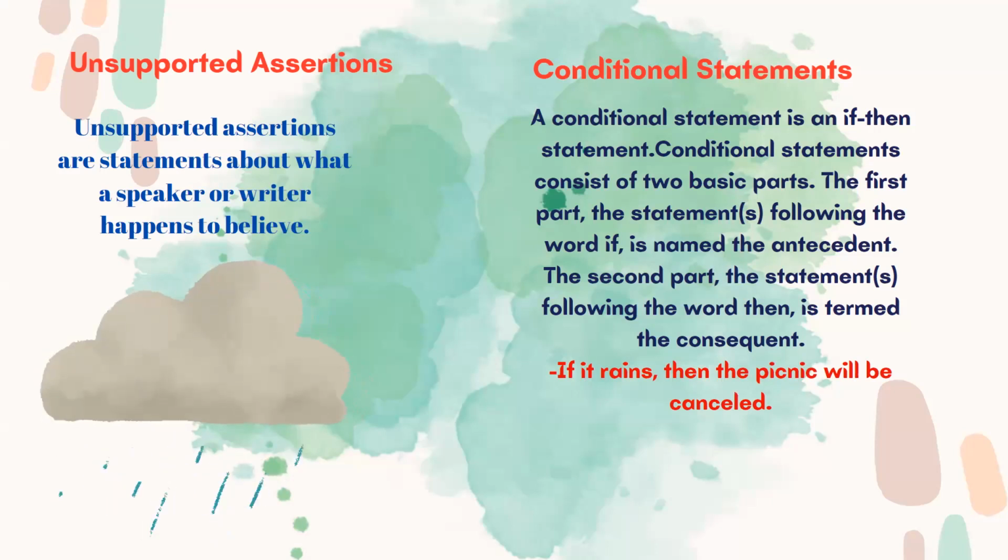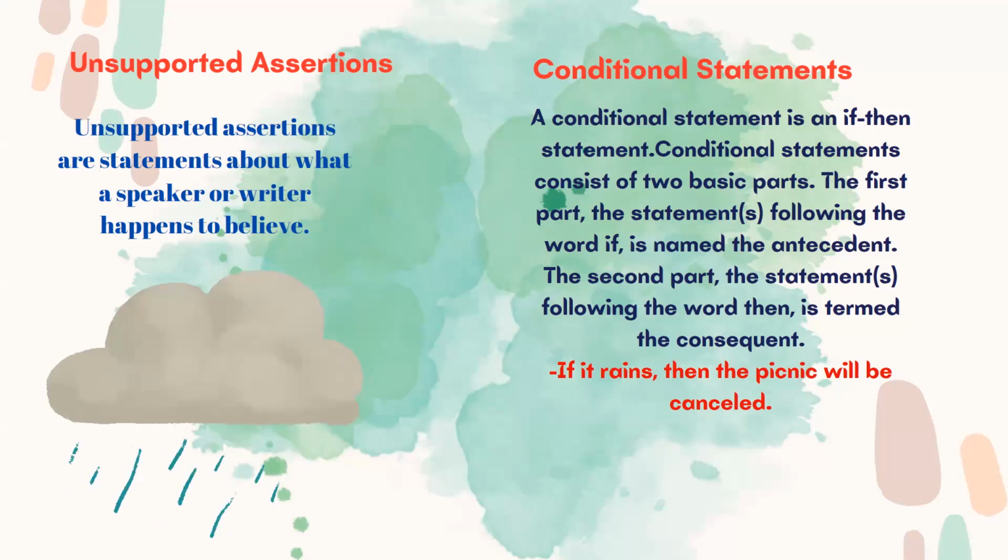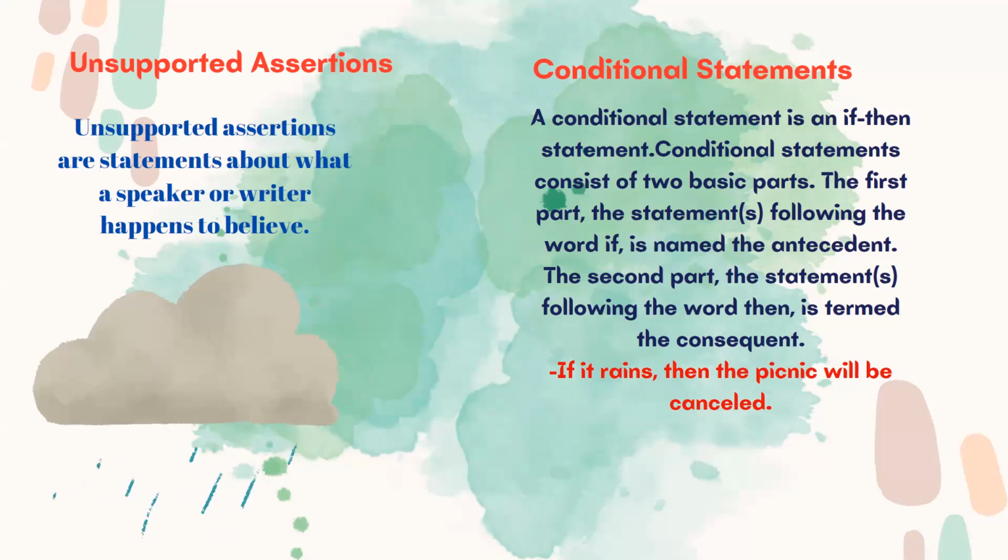The second part, the statement following the word then, is termed the consequent. And there is an example: if it rains, then the picnic will be cancelled. Having the picnic is dependent on whether or not it rains.